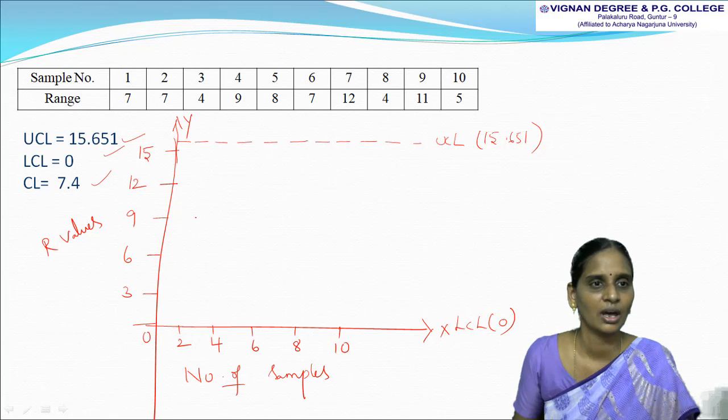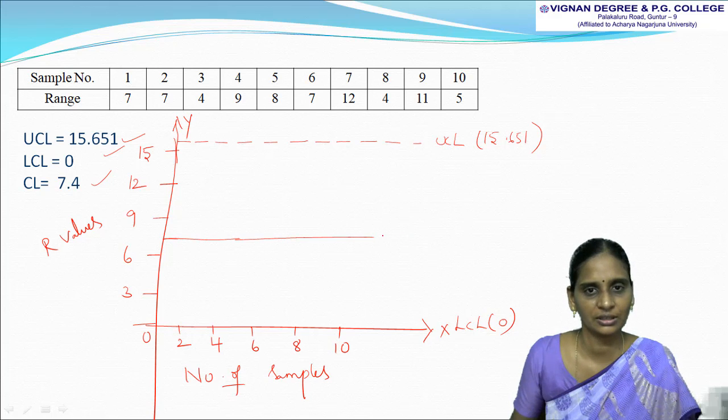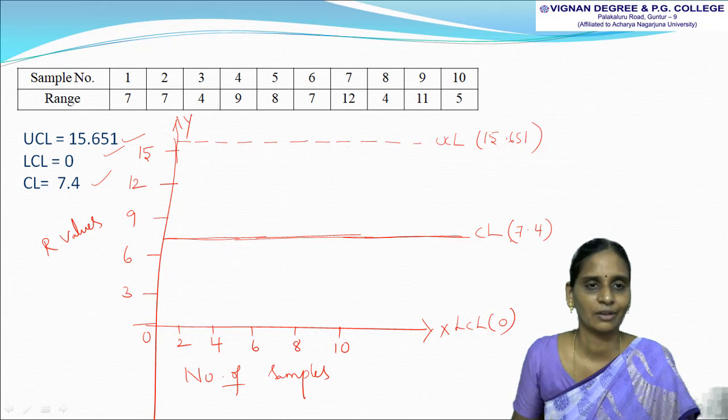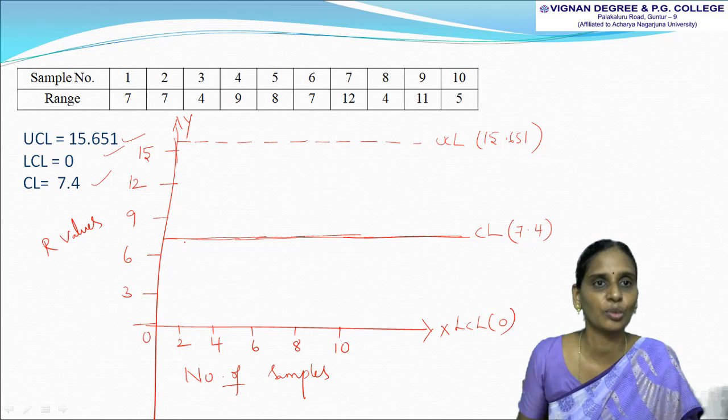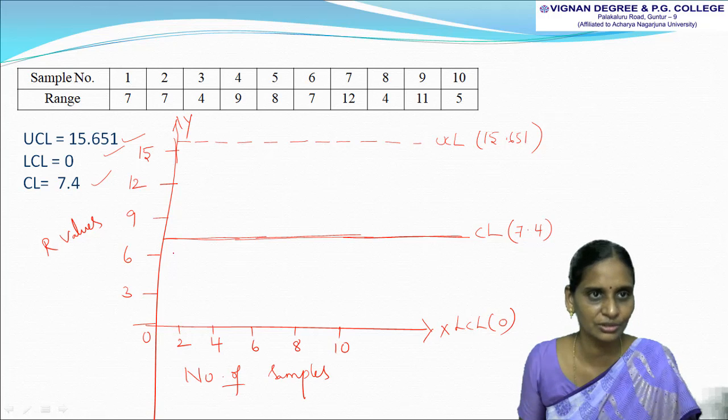So this is 0 and the CL value is 7.4. So here is the CL point, that is 7.4. The CL line is always drawn as a dark horizontal line. So this is a CL, this is 7.4.